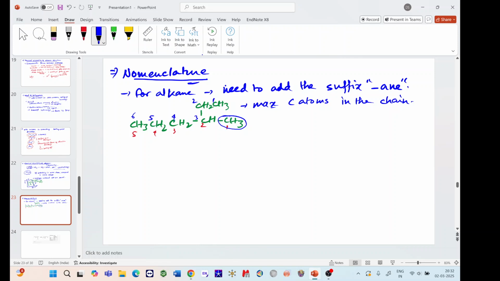Okay, suppose you have something like this. Now I have one here and then one I have here.